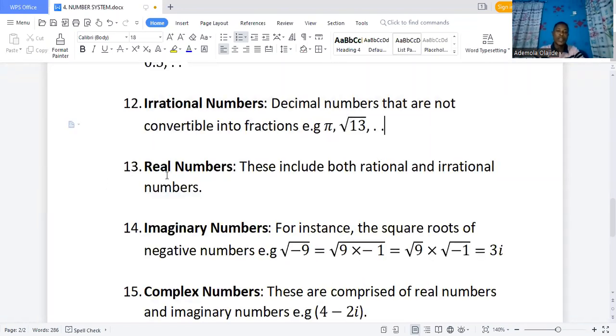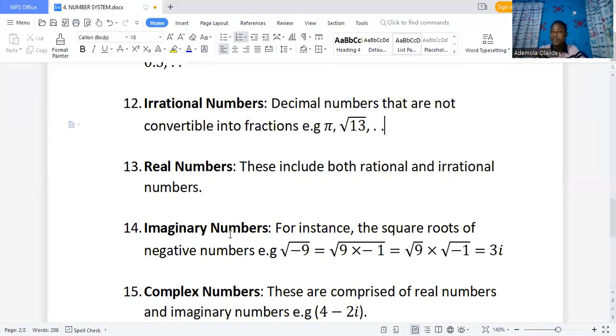Number 13, we have real numbers. This includes both rational and irrational numbers. You already know what we call rational numbers now. Basically, the real number system is very large. At primary school level and at secondary school level, we make use of real numbers. You only talk about imaginary numbers in a few exams, like SAT or ACT.